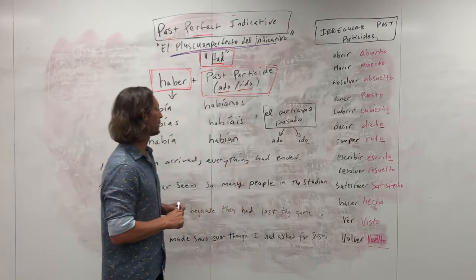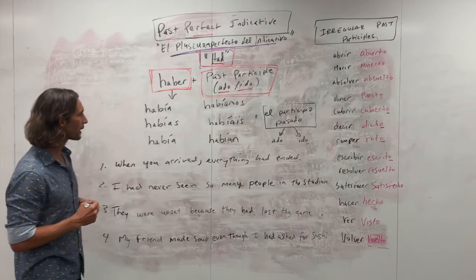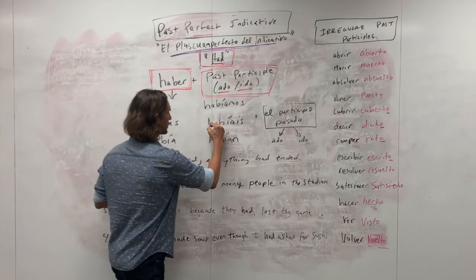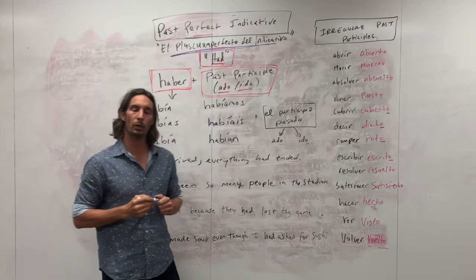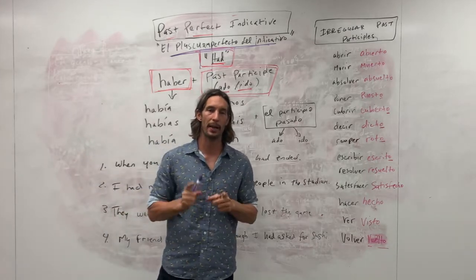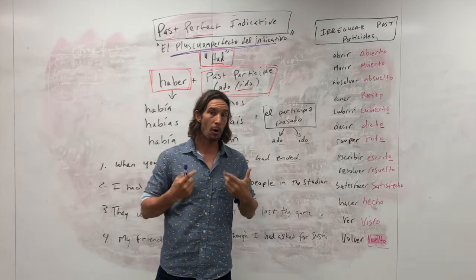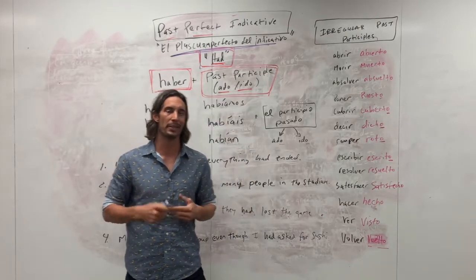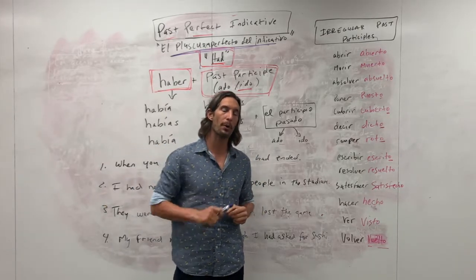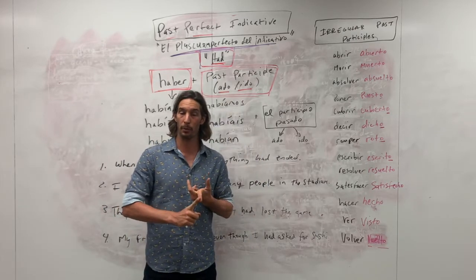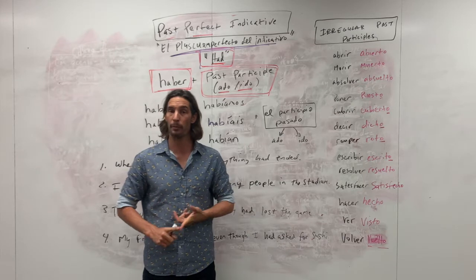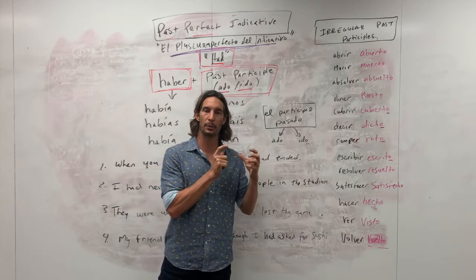But like I said, I want to start out by looking at how to conjugate haber. Again, for all perfect tenses, and I'll probably say this in every video, haber is the helping verb, also known as the auxiliary verb, and that's paired with a past participle.